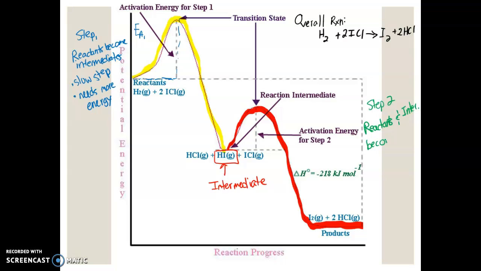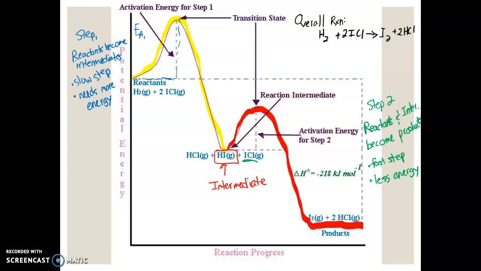So when we look here at the beginning of step 2, we have some of the reactants, and then we also have intermediates that form the products. Step number 2 is going to be a fast step. It requires less energy than what the reactants started with. So that's one of the reasons why this is going to be a fast step.